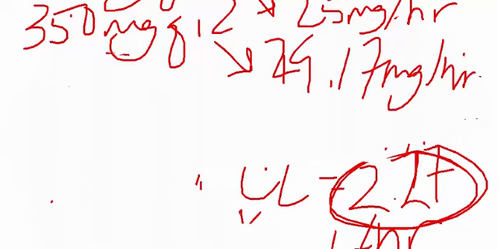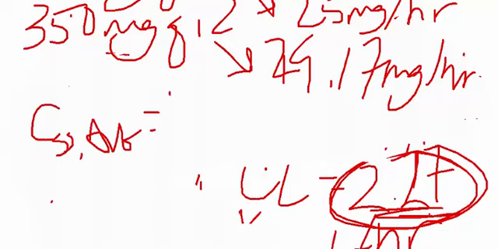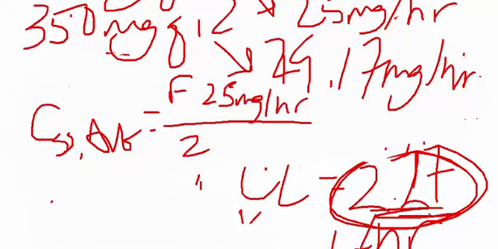So what do we expect to see for our CSS average with each of those? Now that we know that our clearance is closer to 2 rather than 4 liters per hour. So CSS average is going to be equal to bioavailable dose rate, so 25 milligrams per hour divided by 2.27 liters per hour.